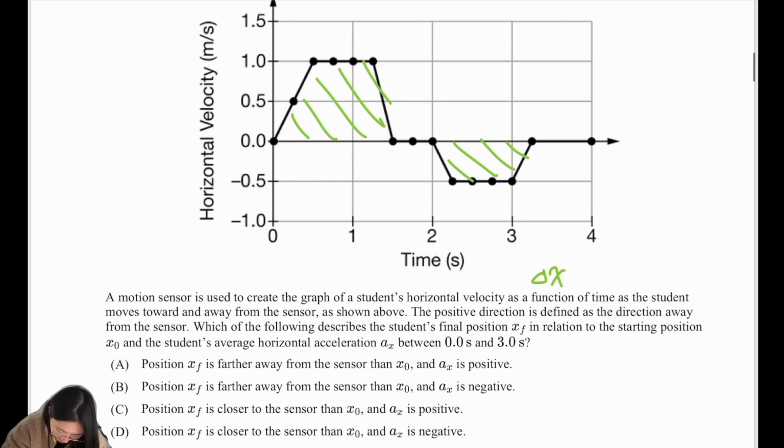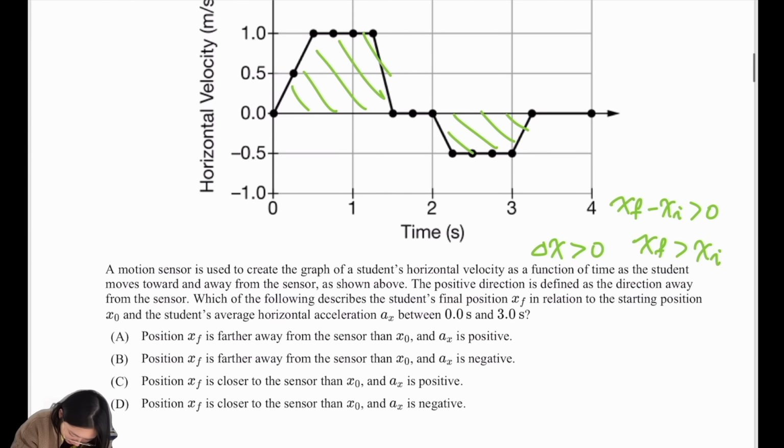So delta x is going to be greater than 0, which means x final minus x initial is greater than 0. So x final is greater than x initial, which means the final position is farther away from the motion sensor. So either A or B. And then we calculate the acceleration ax between 0 and 3 seconds.